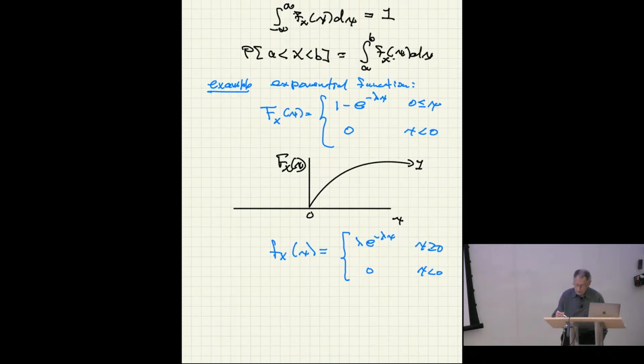And it's going to look like this. That's an exponential where the value at the origin is lambda, and the expression is lambda e to the minus lambda x.